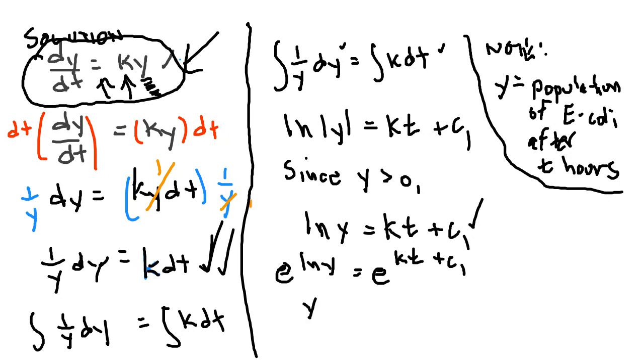And when we do that, we'll get y equals e to the kt power times e to the c1 power. And e to the c1 power I'll call c2.